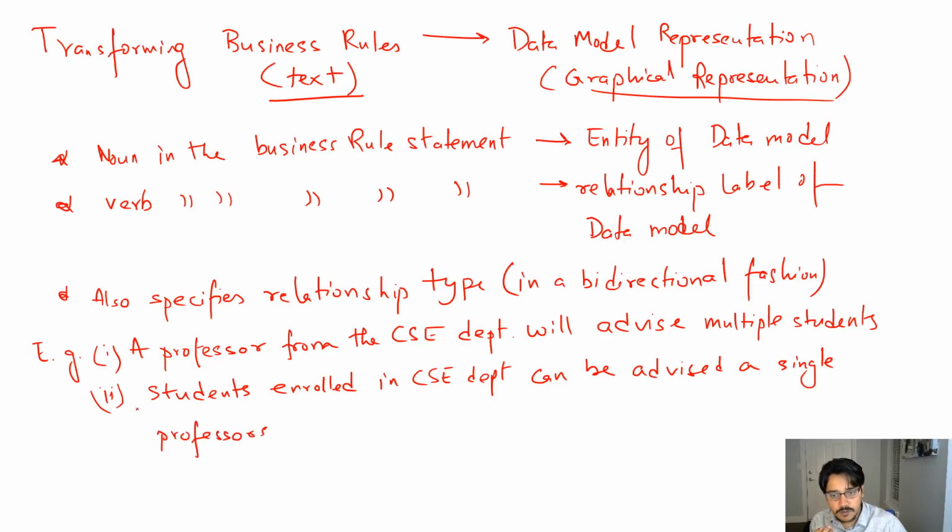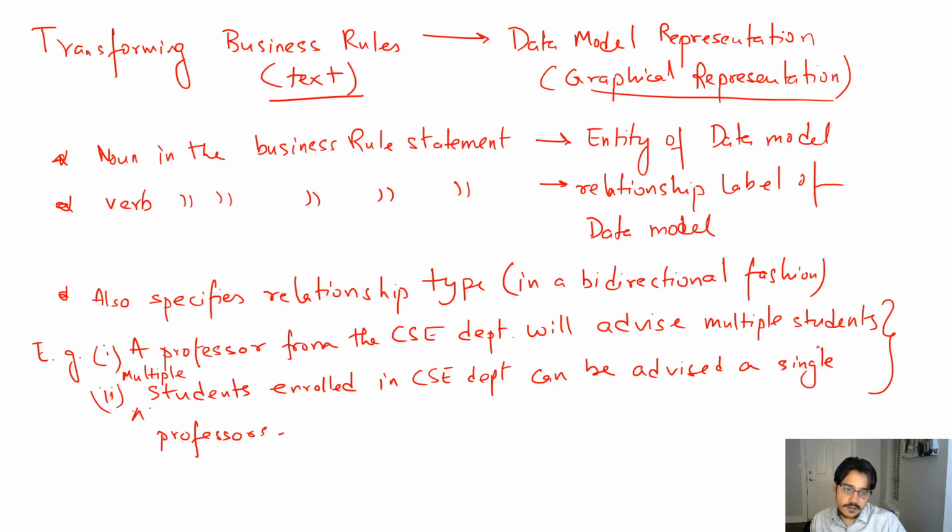Okay, so of course before this we have to add multiple students enrolled in the CSE department can be advised by a single professor. So this will represent the interaction between two or more entities, or even within the entity itself, right?